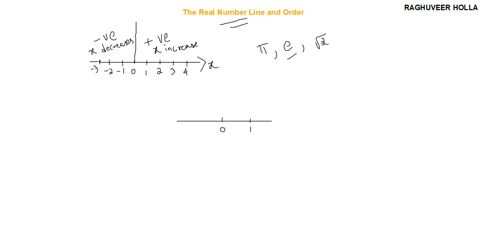Now if I consider the interval between 0 and 1, and the point here as 3/4, you can see that 3/4 lies between 0 and 1, and 3/4 is less than 1. Also 3 is less than 4.